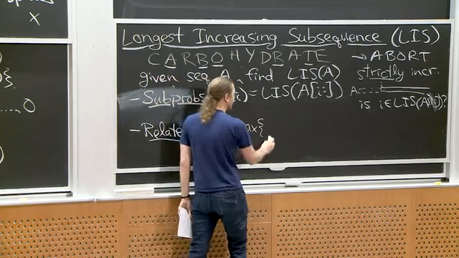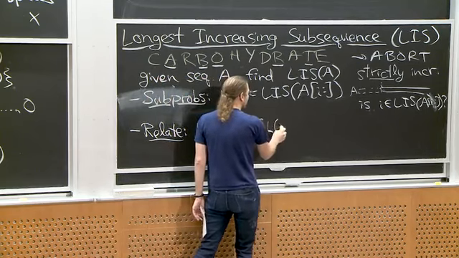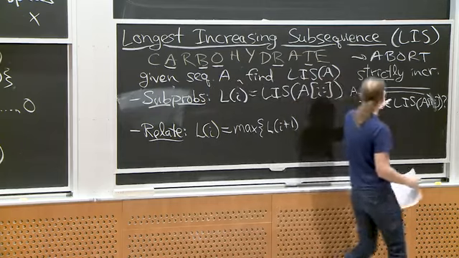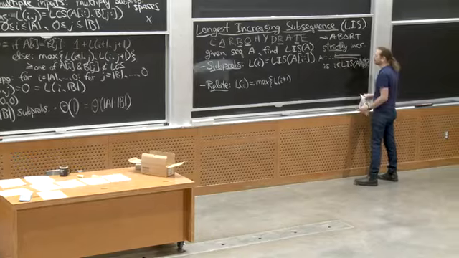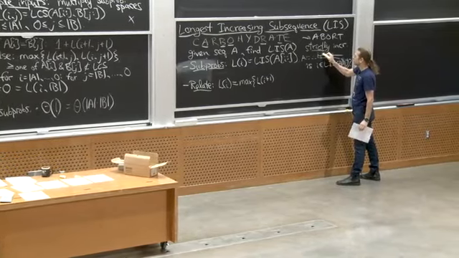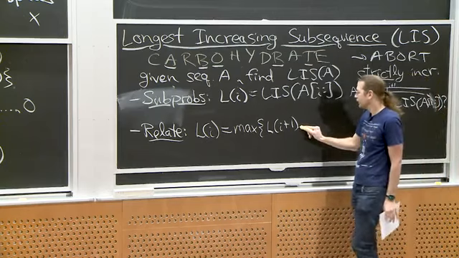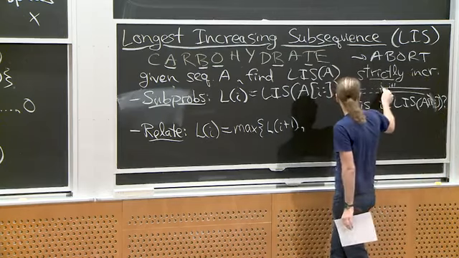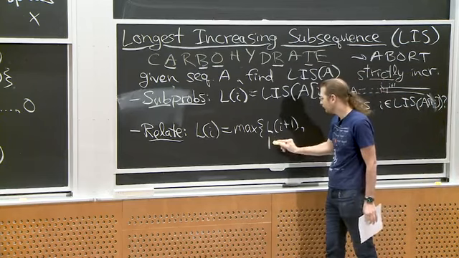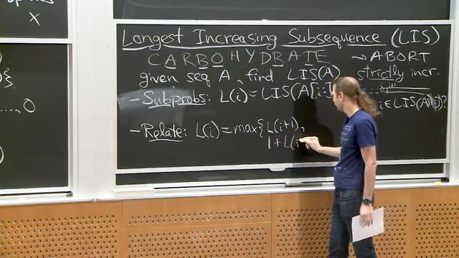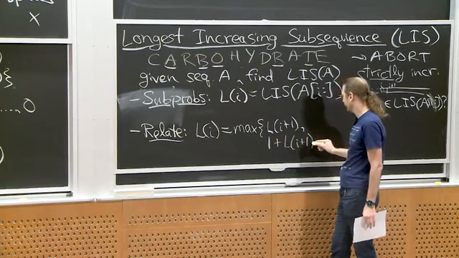So I'd like to take the max of something like L of i plus 1. In the case that I don't put i in the solution, that's fine, then I just look at i plus 1 on and recursively compute that. And that would be my answer. And the other option is that I do put i in the longest increasing subsequence. So I do 1 plus the rest, L of i plus 1.